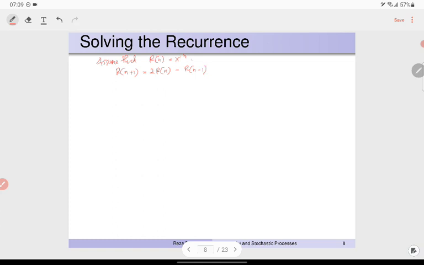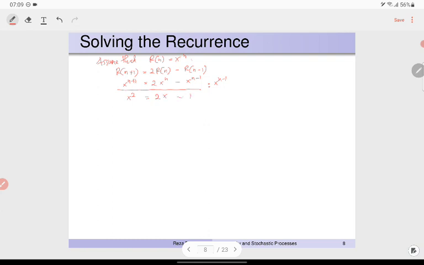So if Rn is equal to x to the power of n, then this is x to the power of n plus 1 is equal to 2 times x to the power of n minus x to the power of n minus 1. And we can divide the left hand side and the right hand side by the smallest power, namely x to the power of n minus 1. So this results in x to the power of 2 is equal to 2x minus 1.